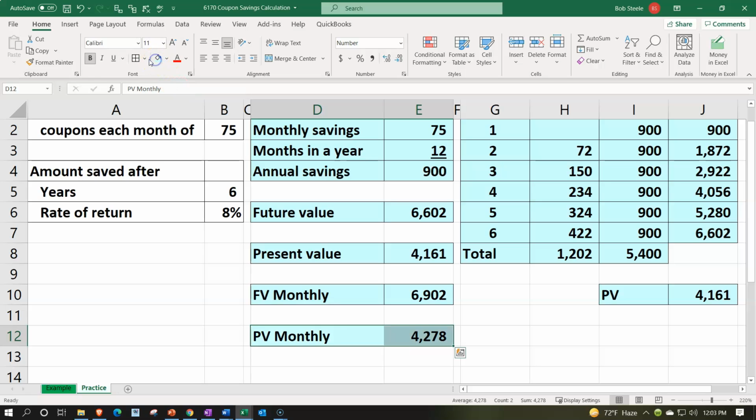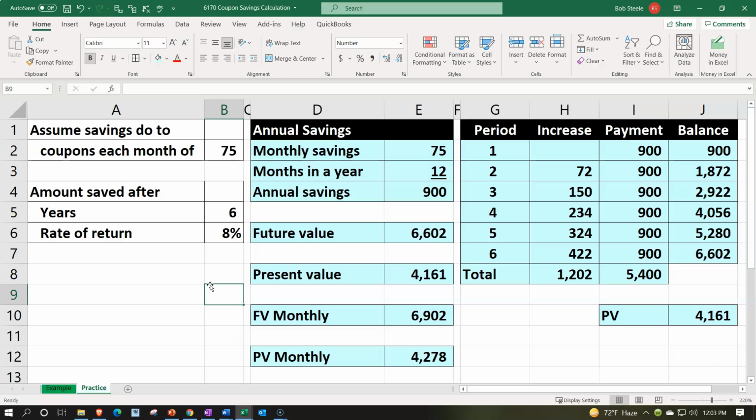So those are just a few ways to kind of use these tools to look at these, anything you're looking at that's going to be impacting future periods. Even if you're looking at small amounts and you're saying, hey, this is a small savings on a weekly basis. If you then look at it in terms of, well, what's going to be the savings on a monthly basis? How much could I earn on it if I was to be saving on it? Then you can get a better perspective possibly of it.